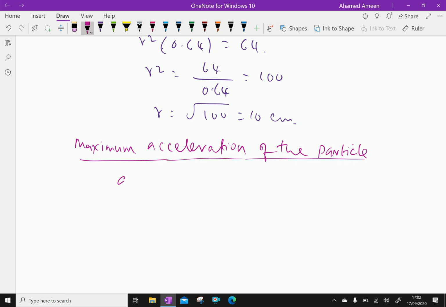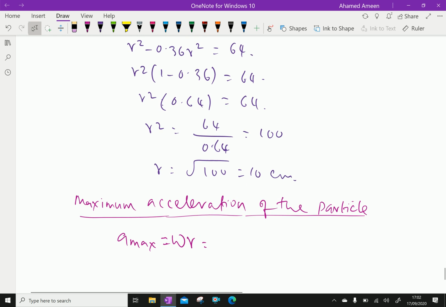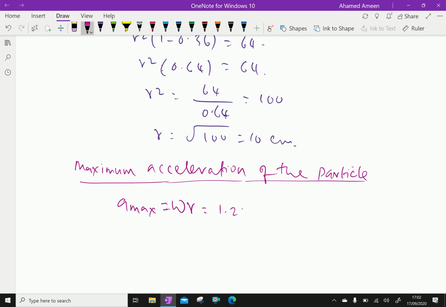We know that a max equals omega squared r, where omega is 1.256, into 10, that is 12.56 meter per second square.